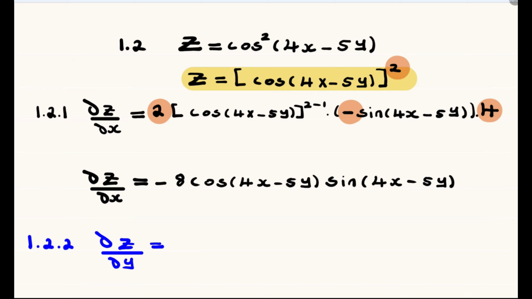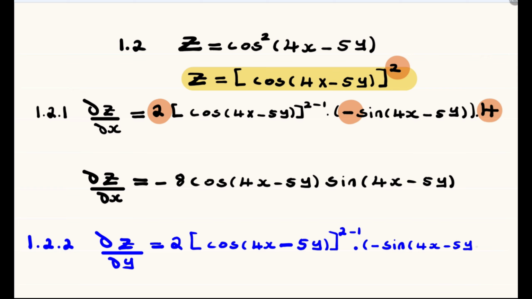So we have that 2 from the exponent multiplied by the inner function as it is, the cos of 4x minus 5y, and at the exponent we minus 1, so we have 2 minus 1 multiplied by the derivative of the cos inside, which is negative sine of 4x minus 5y, and the derivative of the 4x with respect to y will be 0, and the derivative of the negative 5y with respect to y will be negative 5.